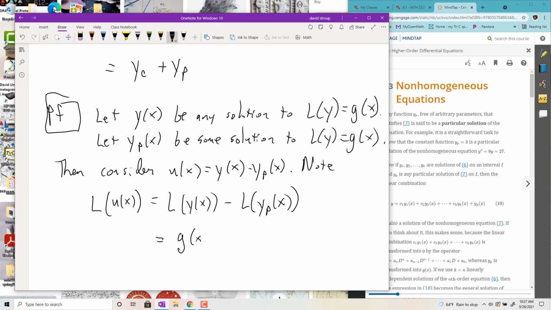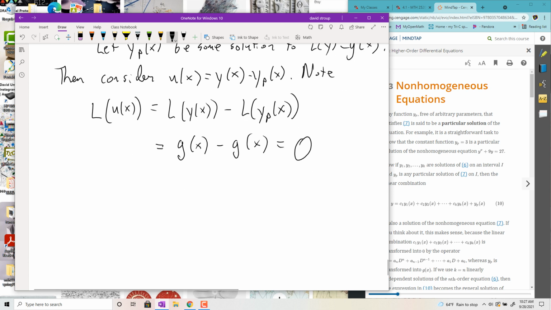So you get g of x minus g of x, which equals 0, which implies that u of x is a solution of the homogeneous equation. U of x is a solution to L of y equals 0.